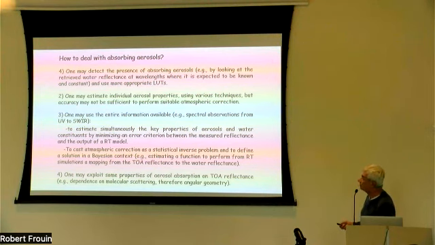So I think in this problem, it's probably better to try to estimate the signal more directly rather than the individual components of the signal. Third, one may also use the entire information available, for example, spectral observations in spectral regions where the absorption effect is significant, especially in the UV.